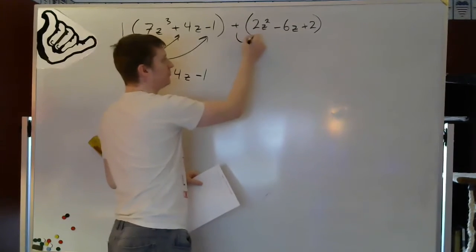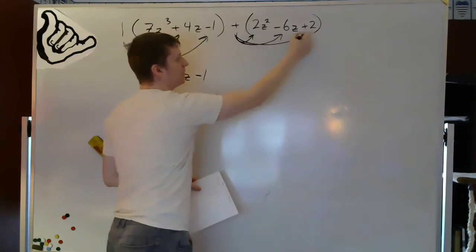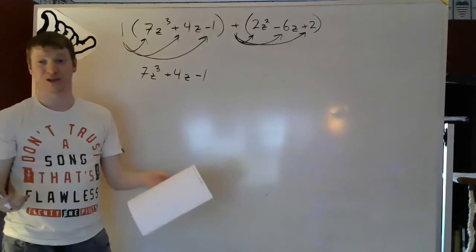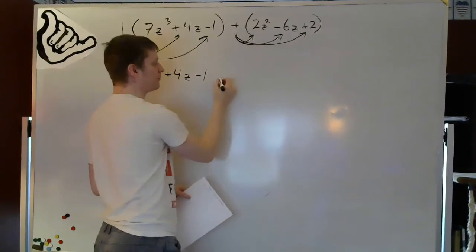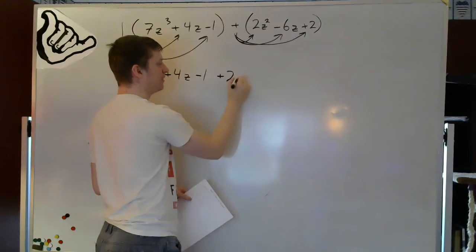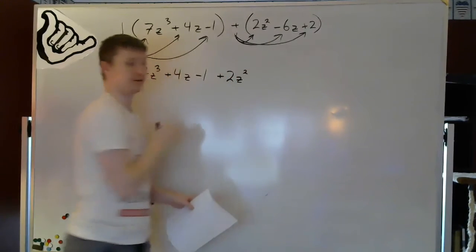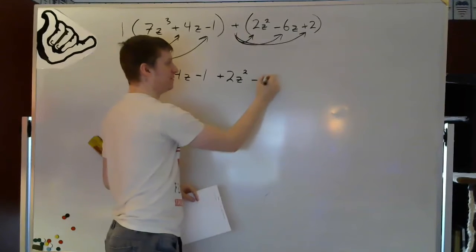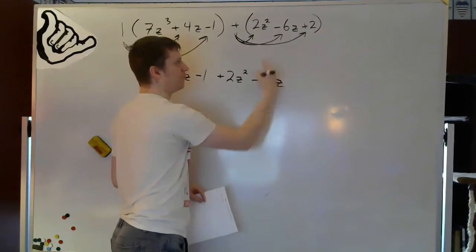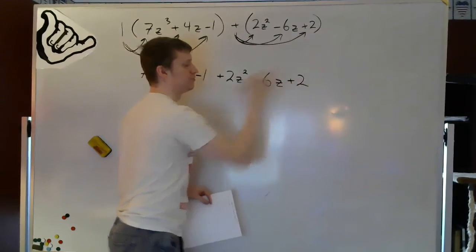So I take my positive 1 and distribute it to each of these. Again, when you multiply by positive 1, nothing changes. So 1 times 2z squared is still just a positive 2z squared. 1 times negative 6z is negative 6z. And 1 times 2 is still just 2.